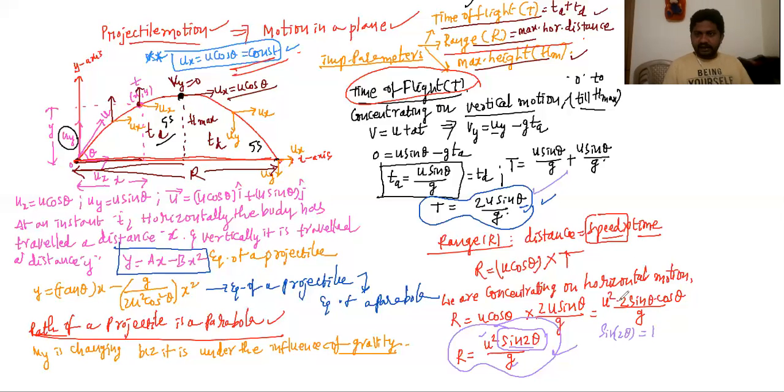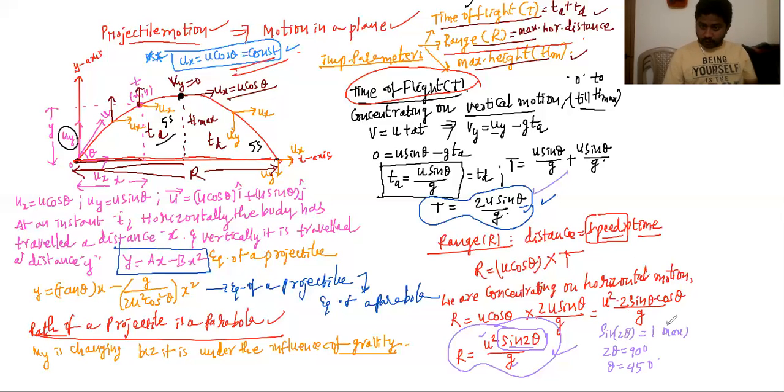Sine values always oscillate between 0 and 1. So sine 2 theta is 1, which means 2 theta is equal to 90 degrees. Only when you keep 90 degrees here do you get the maximum. So theta is equal to 45 degrees.